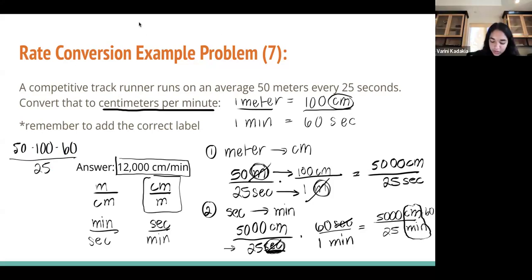So we can cancel out the 25 and the 100, and we're left with 4 at the top. When we multiply this out, we get 300 times 4, which is 12,000.